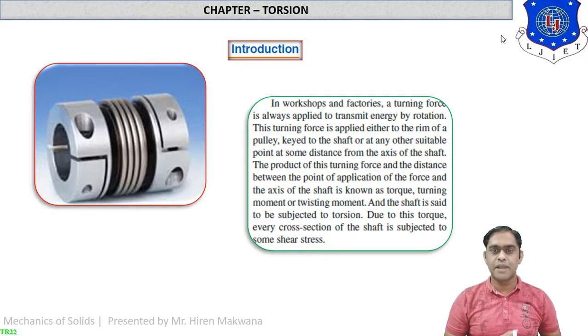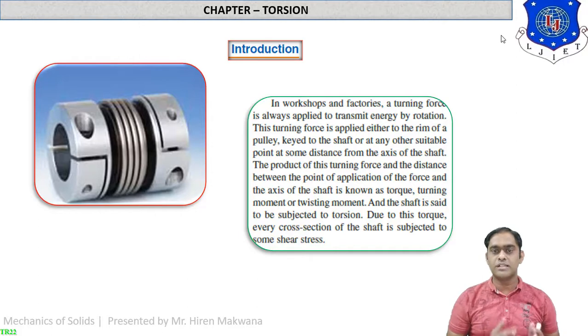This turning force is applied either to the rim of a pulley keyed to the shaft or at any other suitable point at some distance from the axis of the shaft. The product of this turning force, remember, the product means multiplication, of this turning force and the distance between the point of application of the force and the axis of the shaft is known as torque.